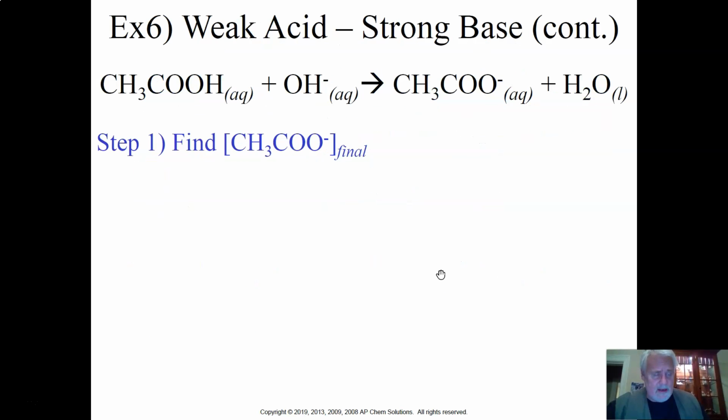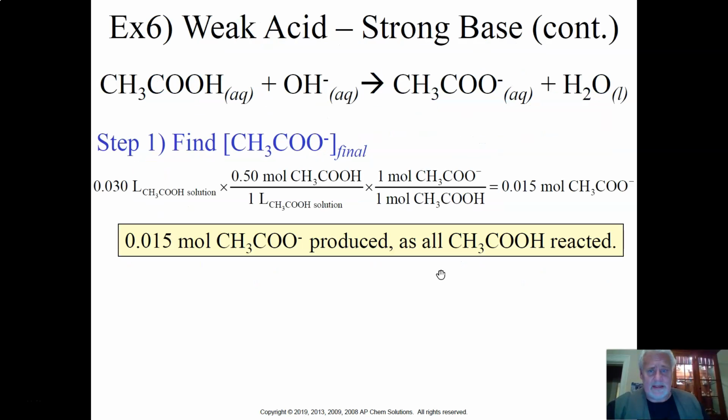So now it says, find the concentration of that acetate. Well, since these are equal, you can start off with this concentration of the acid, which there was 0.5 moles of it.